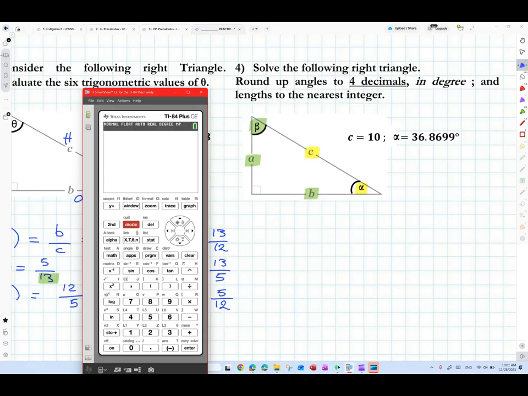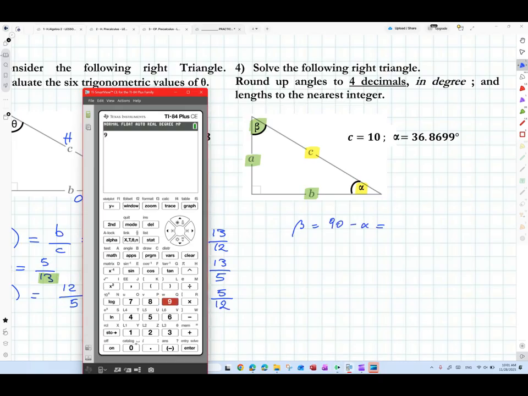All right. So the easiest one to get is probably the angle beta. So beta will be the complementary angle of alpha. So it's going to be 90 minus alpha.